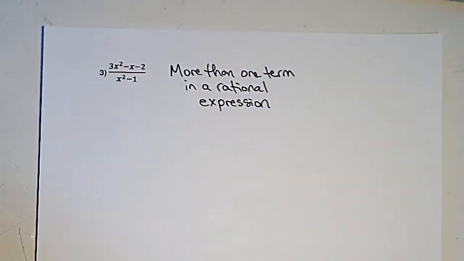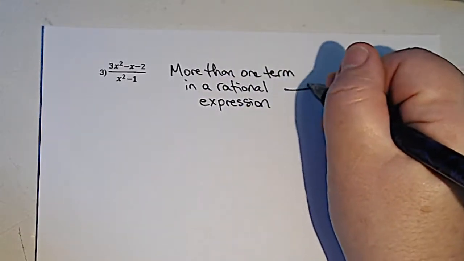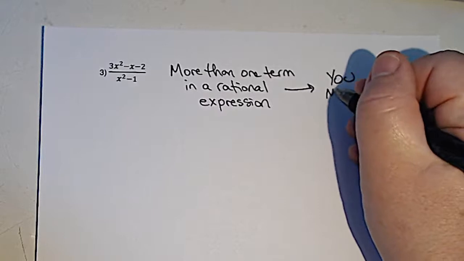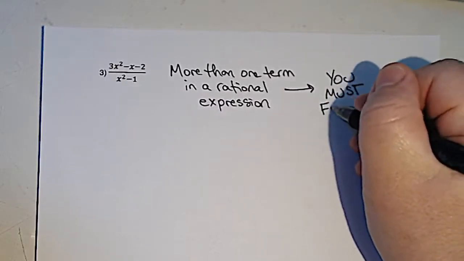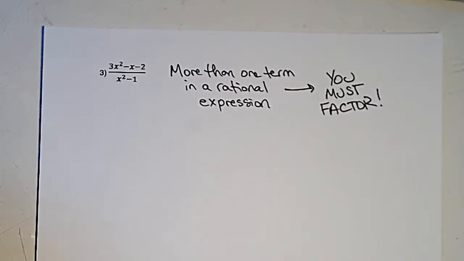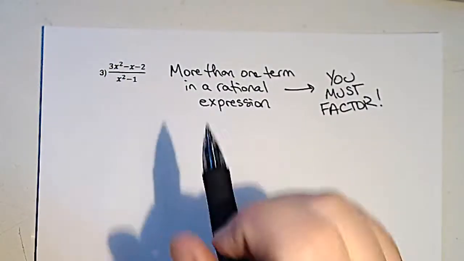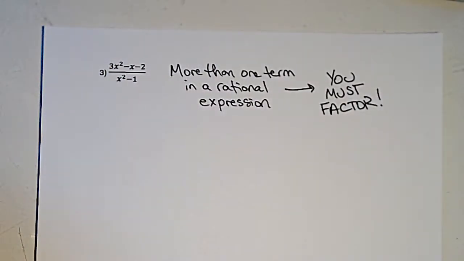Look at all this spelling I'm doing. This is amazing. With more than one term in a rational expression, you must factor. Dun dun. Or else the world ends. Truly, the world will end. If you go in and try to cancel the X's, it's just so wrong.